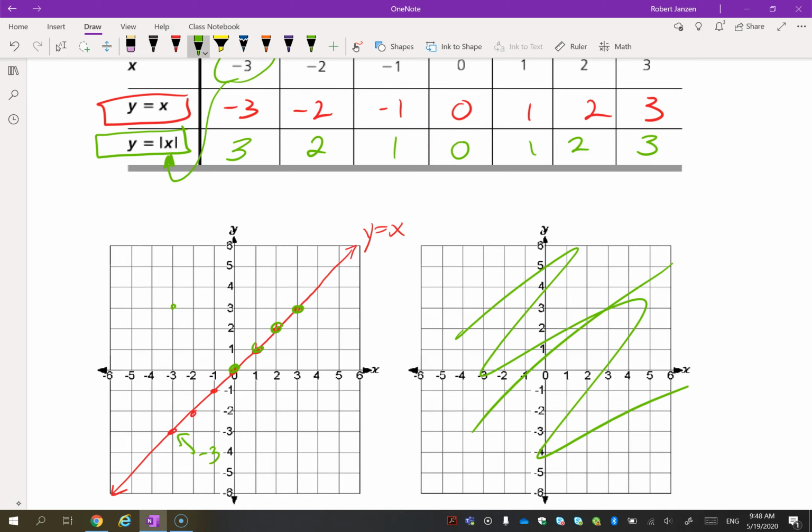It now becomes positive 3. And each of these points become positive. And so the absolute value graph is this, but it's also up here. It forms a V. That's the absolute value graph.